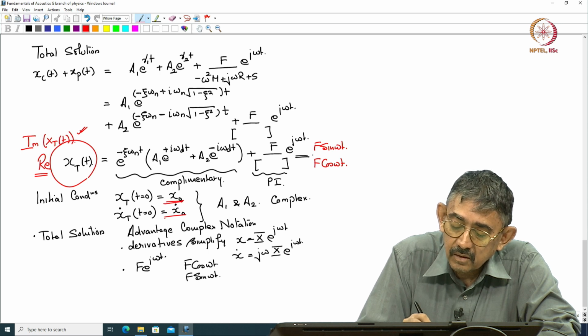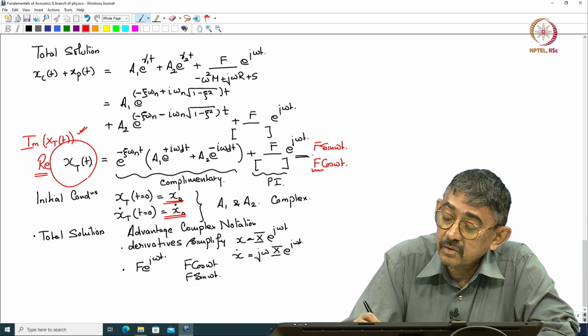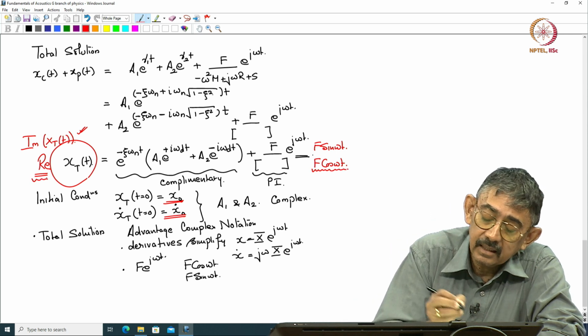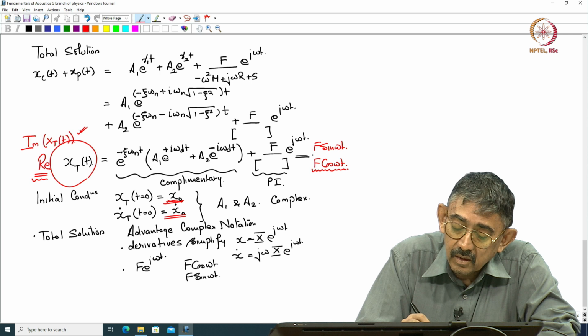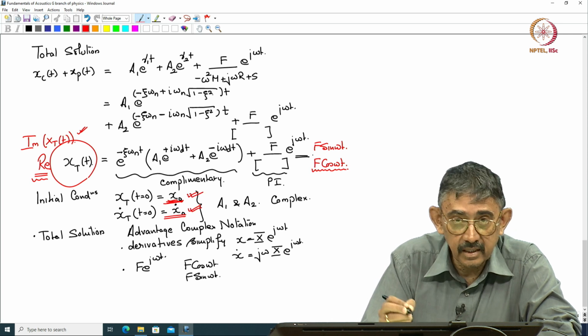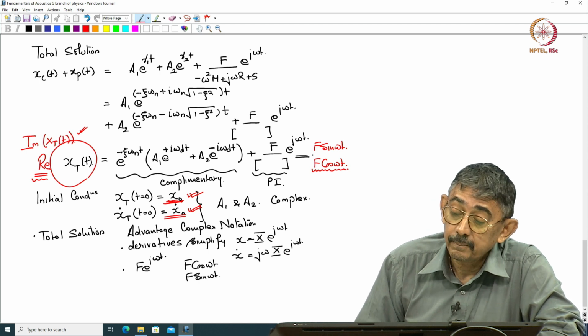So if I am choosing f cos omega t to be my forcing and I have to take the real part, then my x0 and x dot 0 should be taken real, which is natural for us, we take them real anyway.